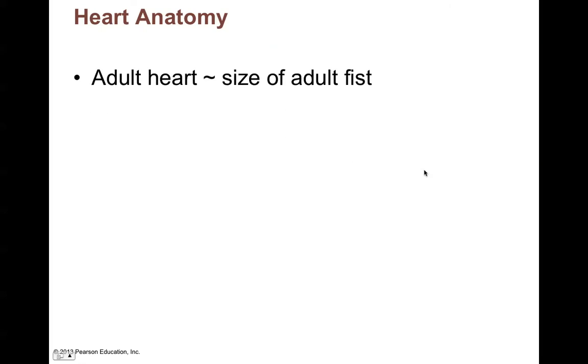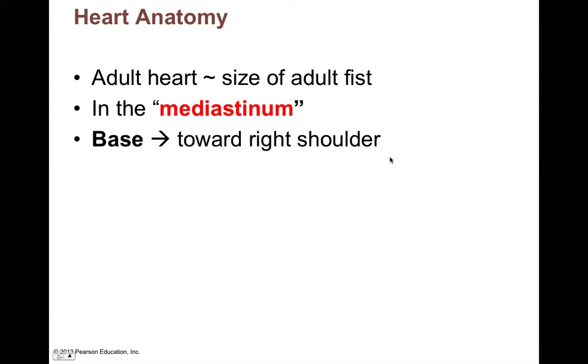Let's look at heart anatomy. The adult heart is about the size of an adult fist. It is located in the mediastinum, beneath the sternum. Its base is toward the right shoulder, and the apex points toward the left hip. The apex is the pointy part at the bottom.